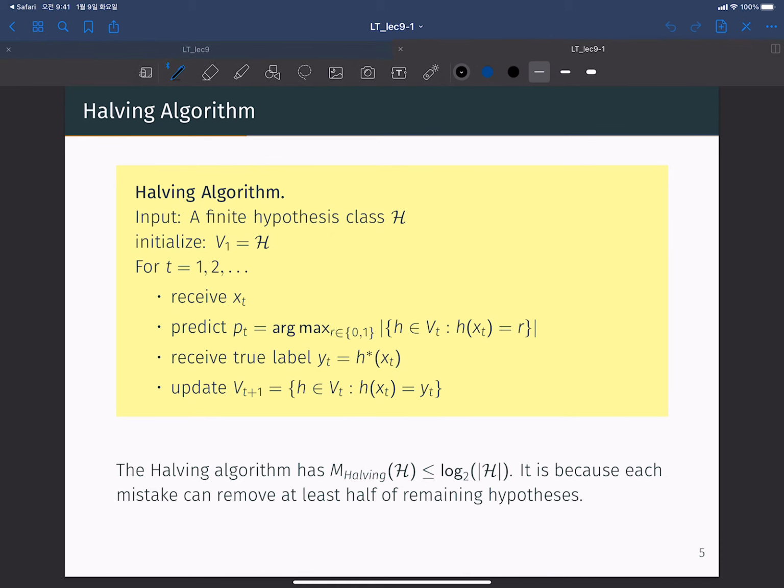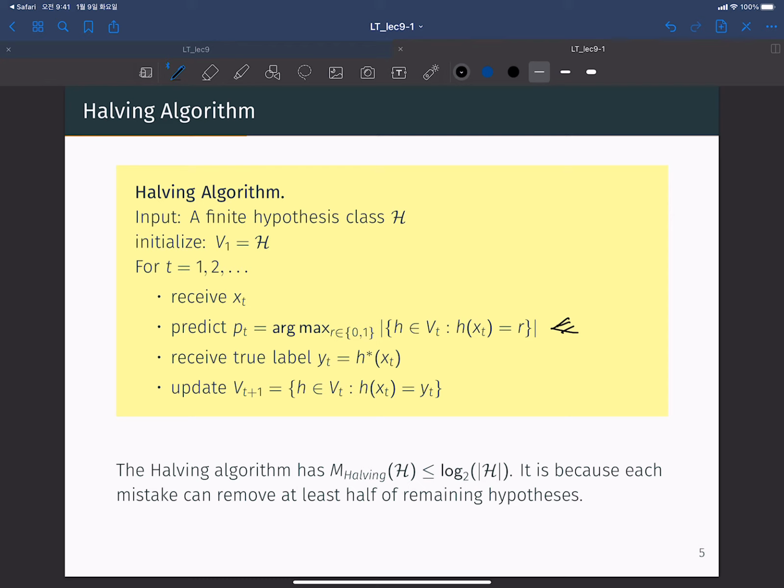The halving algorithm is basically almost the same as the previous very naive consistent algorithm. Only this part is different, but very powerful. So basically the setting is mostly the same: we have a finite hypothesis class.